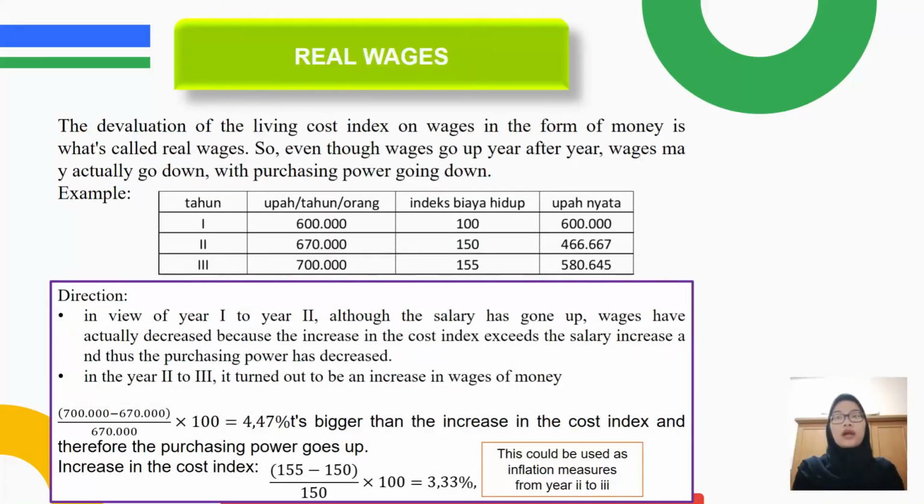Real wage, and with the wages per year and per person is 600,000. With the living cost is 100 and the real wages is 600,000.